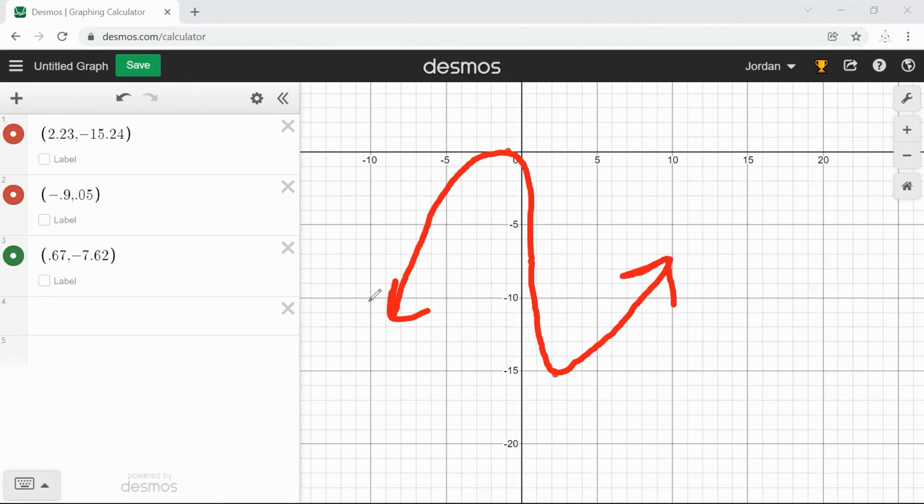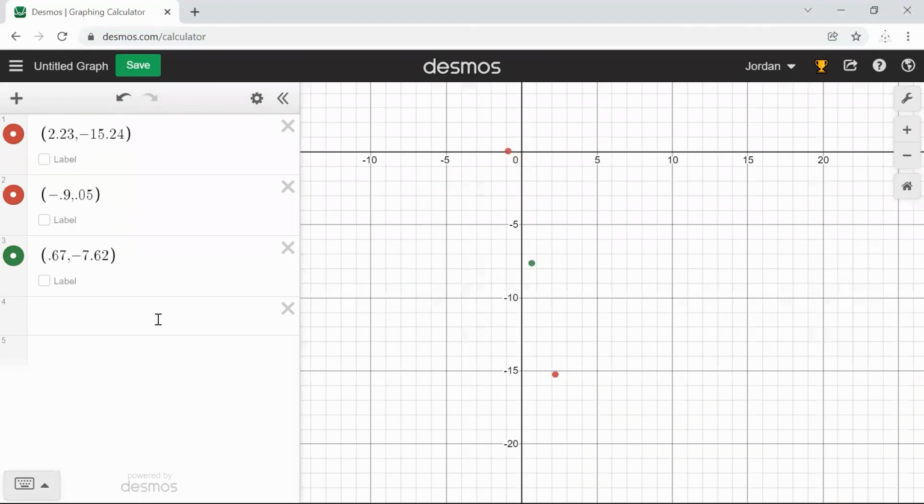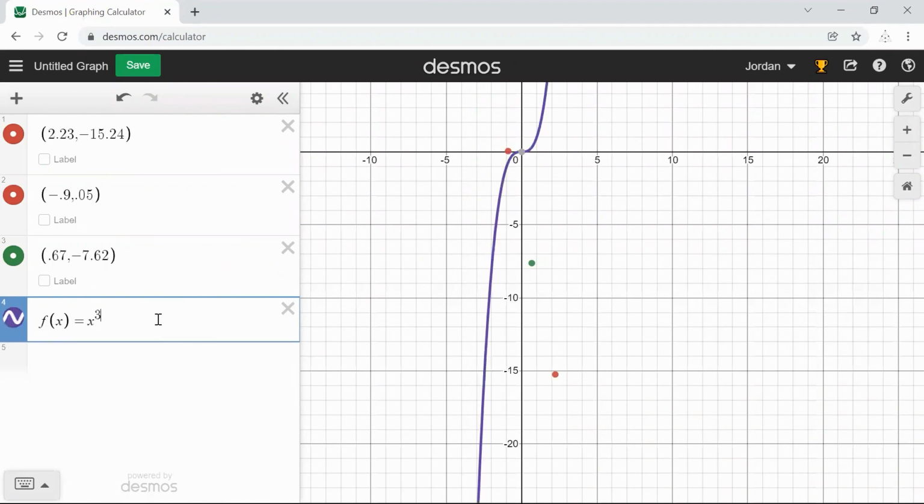By all means, because we have calculators which can graph functions and computers which can graph functions, we should probably check our answer each time we do this, just so that we can understand that we got the graph right. I'm going to type that into Desmos, either f of x or y equals x to the third minus 2x squared minus 6x minus 3.